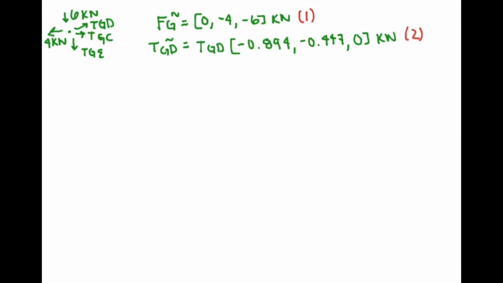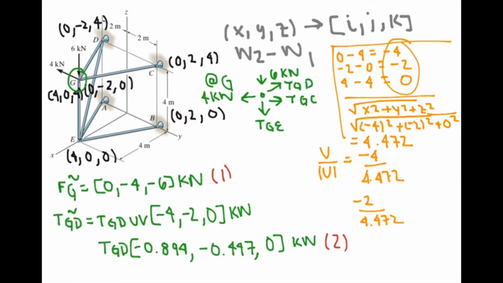So, just like the last problem, TGC with the same notation is going to equal TGC UV, again the unit vector, but in this case, we'll jump back over here, we're going to have 0 minus 4, 2 minus 0, and 4 minus 4.